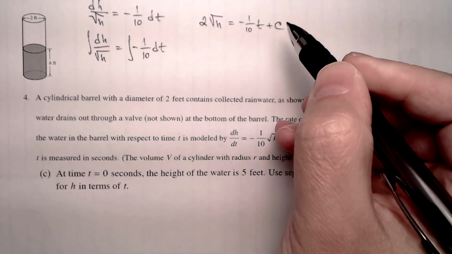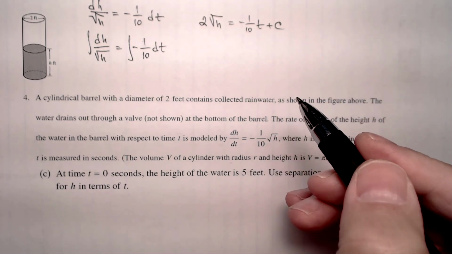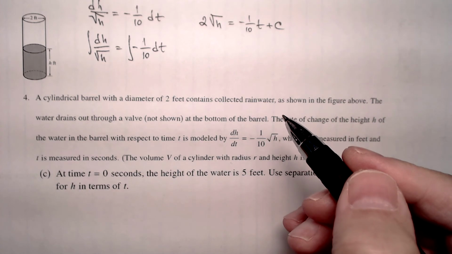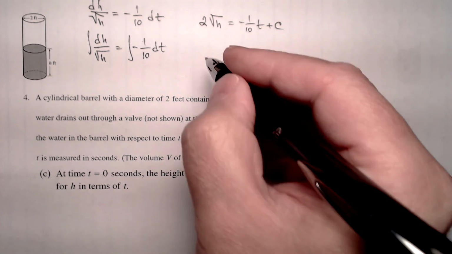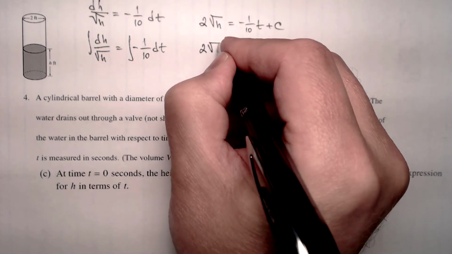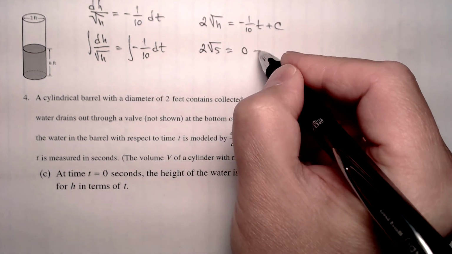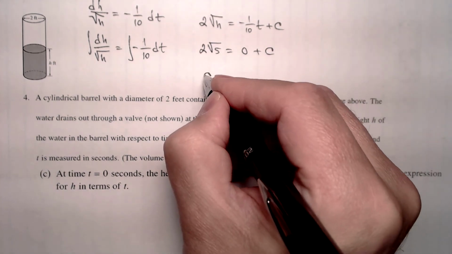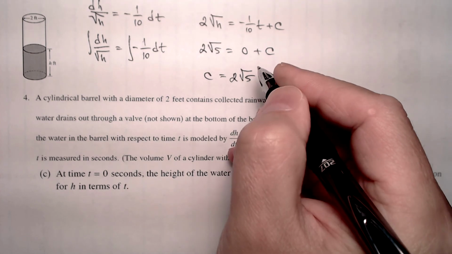Don't forget the constant because we have the initial condition to find what the constant is. Plugging in the values for the initial condition, h is equal to 5, so 2 square root of 5 equals, t equals 0, so this is 0 plus c. So we found that c is equal to 2 square root of 5.